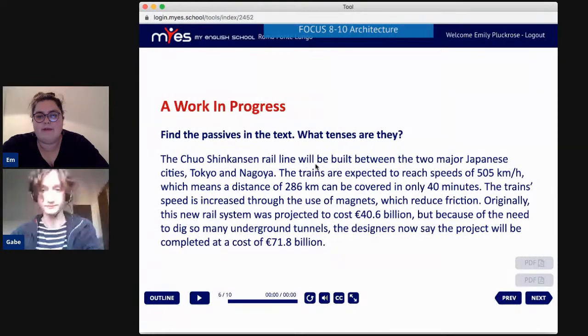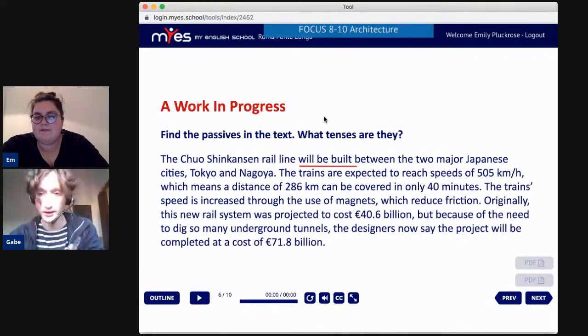Will plus bare infinitive. What's that tense? Okay, good.